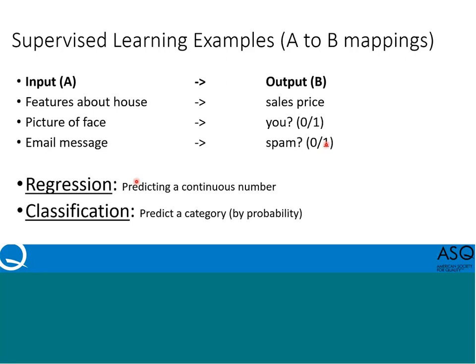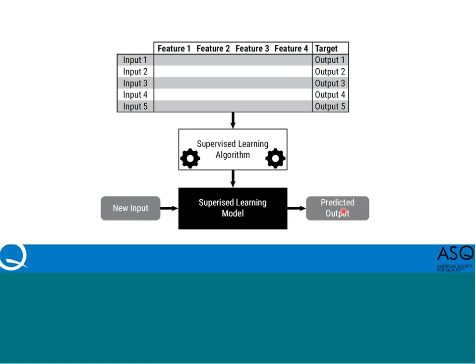In statistics, we might call these problems regression problems if we're predicting a number, like sales price, or classification problems, where we're predicting a category, where we really predict a probability. So whichever way you phrase this, you have inputs, you may call them independent variables, and then you have a dependent variable.